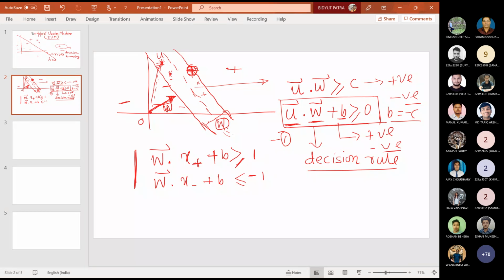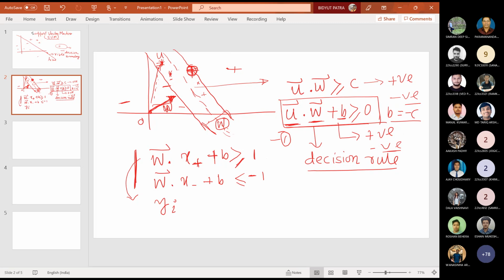These are the training data set: xi and yi, where xi is the sample point and yi is the class level of the sample point, which will be positive or negative, +1 or -1.